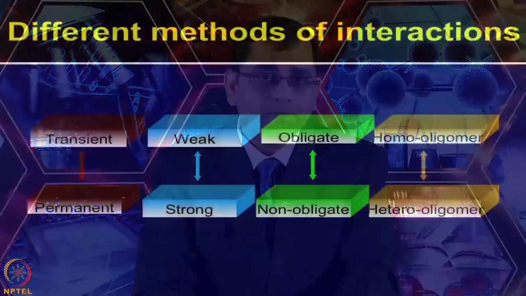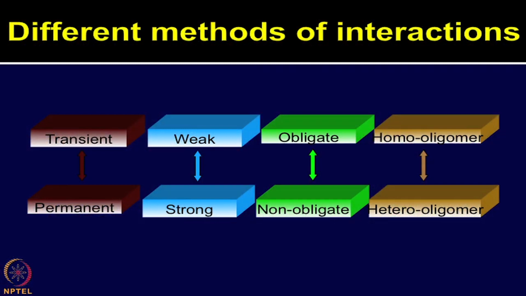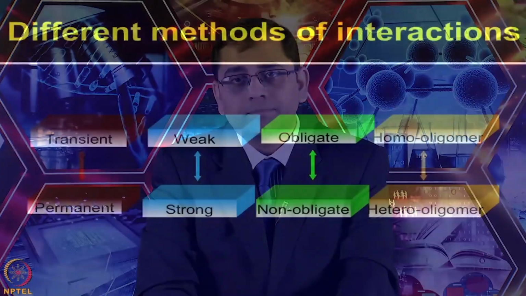There are different methods of studying interactions because interactions occur in various ways. There are a few interactions which are very transient, that will be of very short duration, whereas other interactions could be permanent, which may alter the activity. A few interactions are very weak, whereas other interactions could be very strong. Interactions can also be obligate or non-obligate.